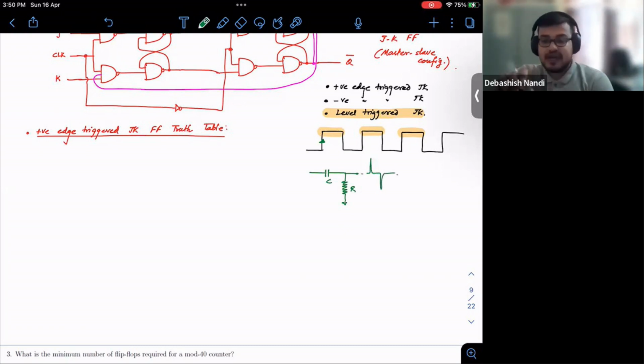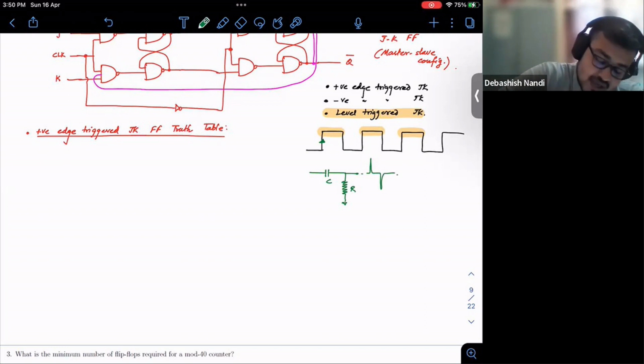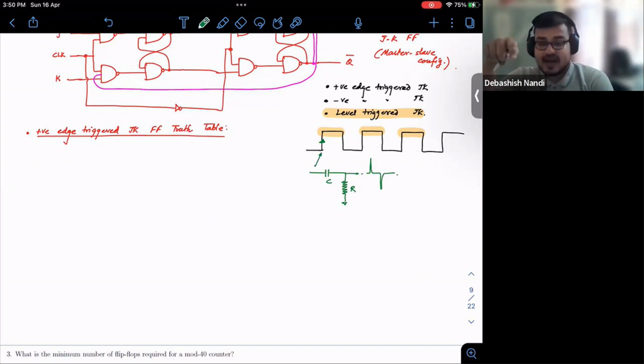So it will detect only the edges whenever the clock is changing from low to high, that is called positive edge. Whenever your clock is at positive edge, at that instant whatever the states of your inputs are, it will transfer to the output. Fine, that is called positive edge triggered.